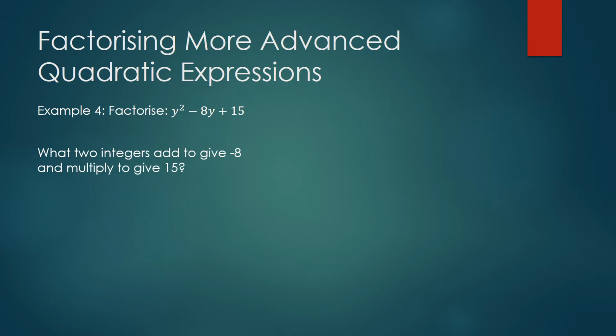First step again is to find which two integers add to give b, which is negative 8, and multiply to give c, which is 15 in this expression. Again, through some trial and error, the two integers turn out to be negative 5 and negative 3. Therefore, y squared minus 8y plus 15 equals (y minus 5)(y minus 3).